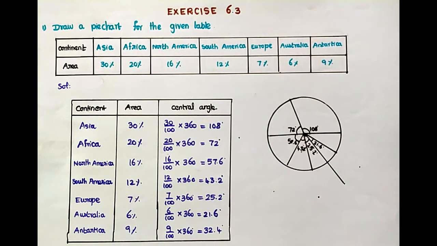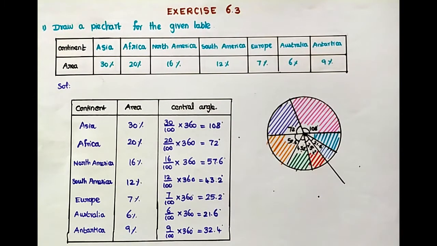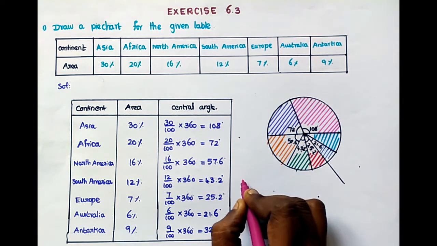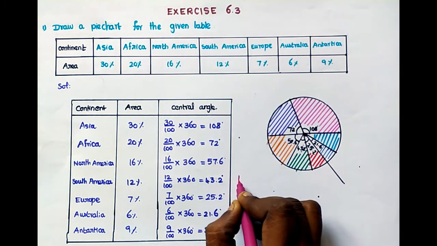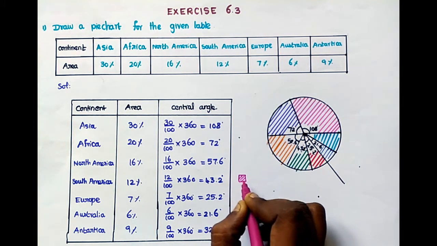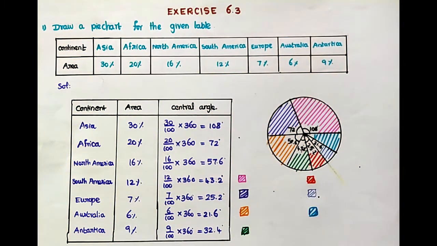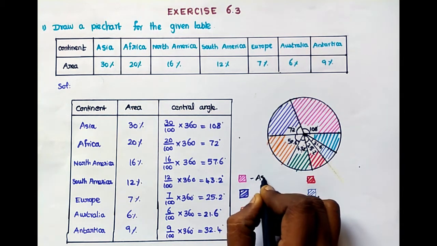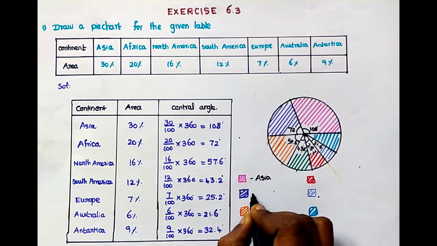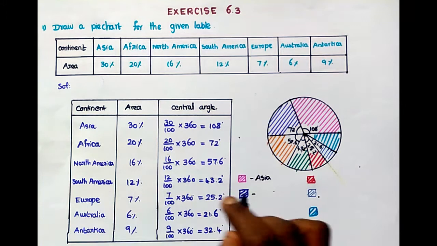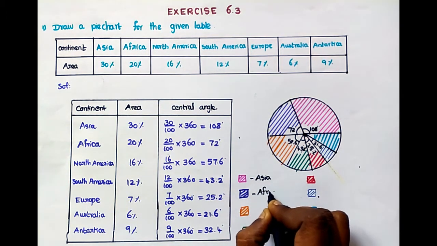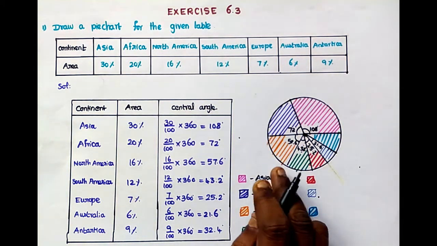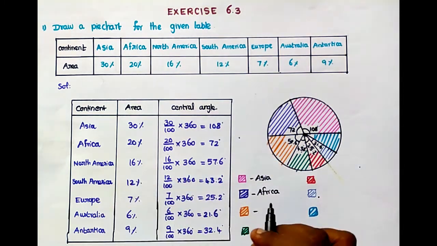And then shade this area and divide the continents. Now write down the continents. Pink color, that is Asia. Next one 72 degree Africa. Next one 57.6 North America.